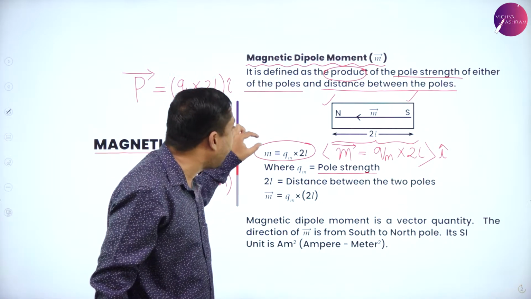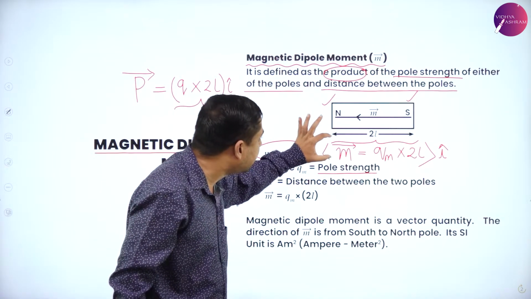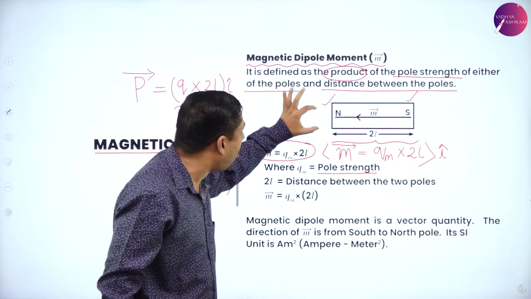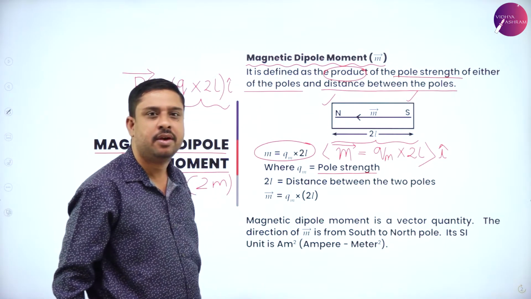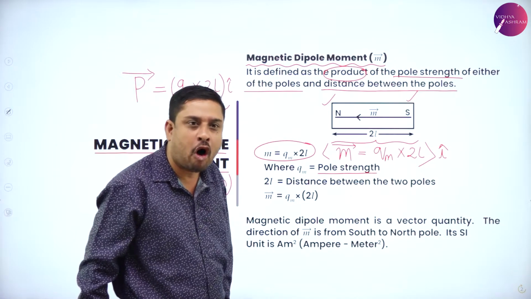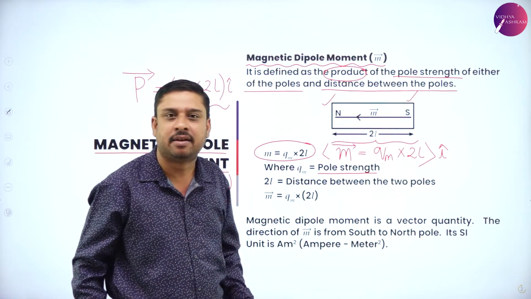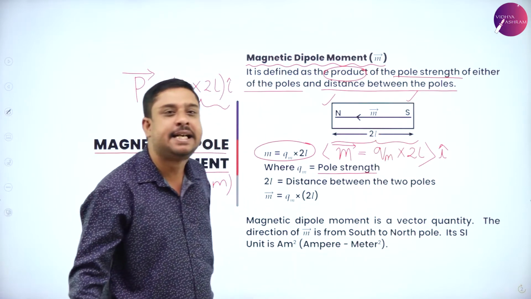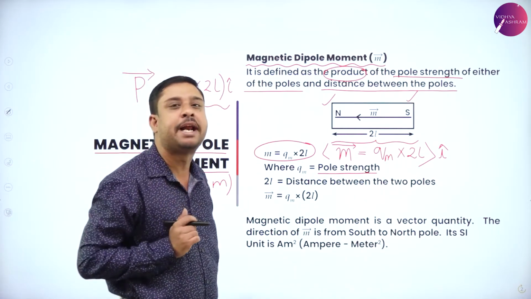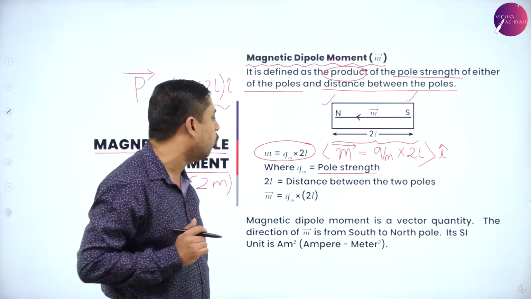So now we have magnetic dipole moment, which is the product of the pole strength and the distance of separation between the poles.